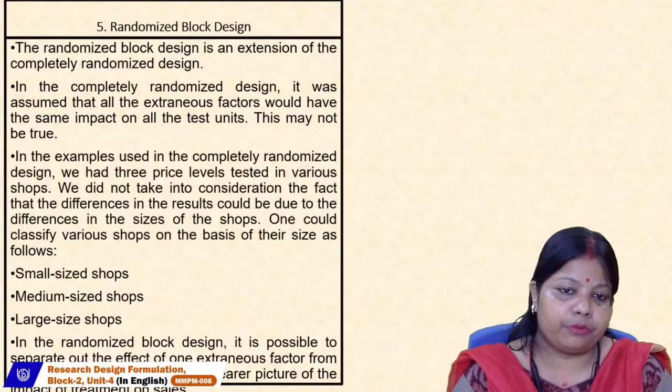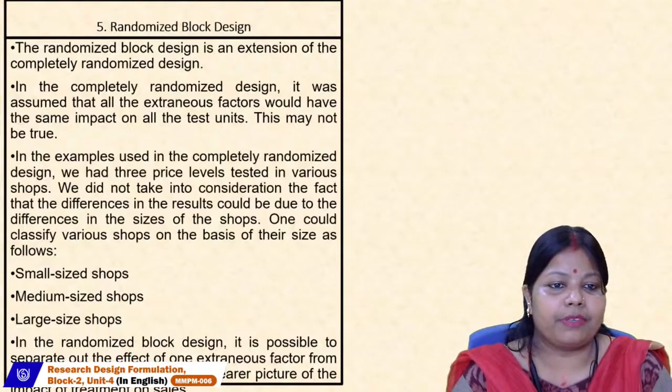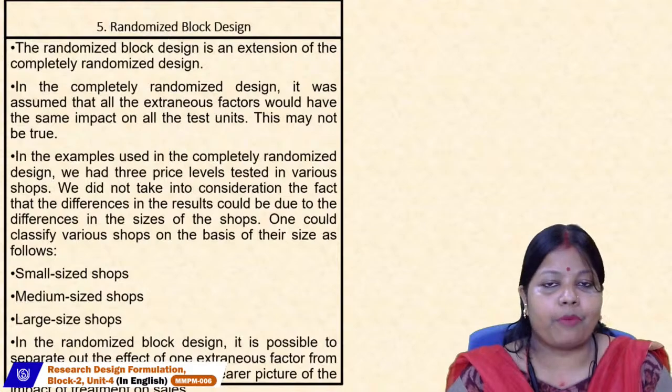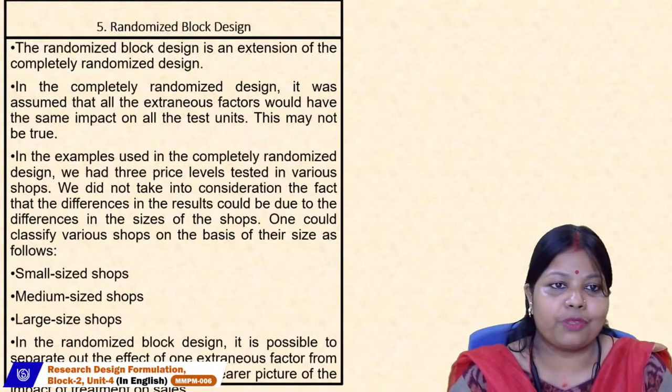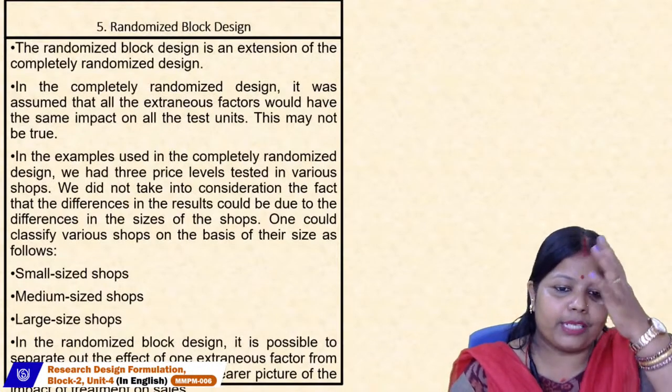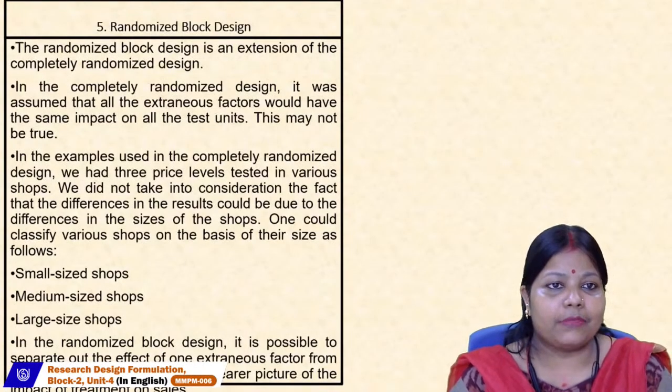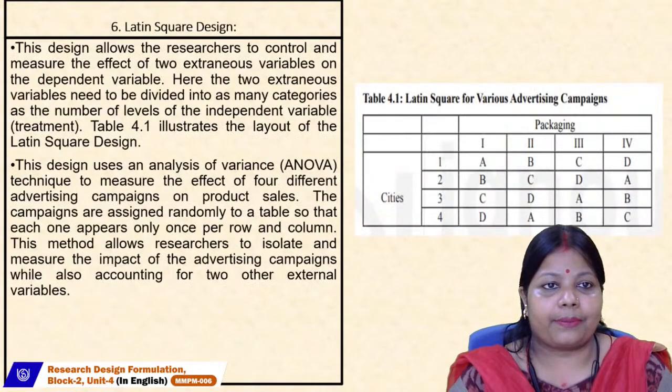We have to declare the size or difference of all these things before applying the randomized block design, which is most important because it is free from all bias and prejudice of the researcher and the influencer. So nothing is going to influence or harm the research design.